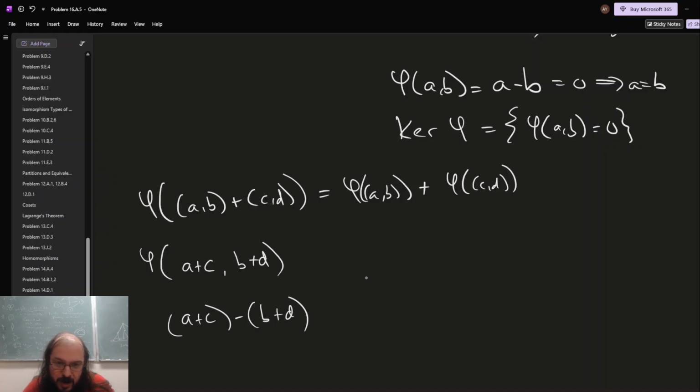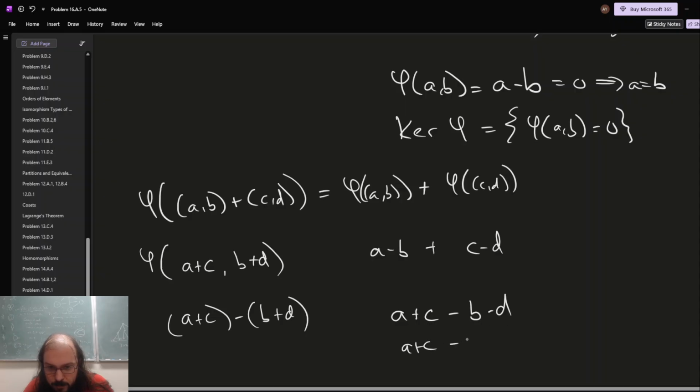It's kind of fully simplified as it is. Whereas this side is A minus B, and this side is C minus D. And now that we're in one group, I can just collect the terms here. So let me collect everything. And we see that they are in fact equal. That makes this a homomorphism.